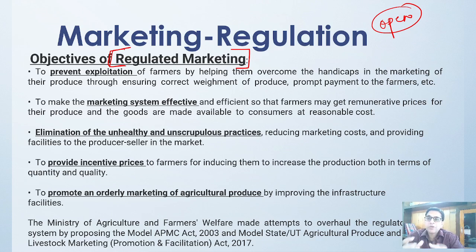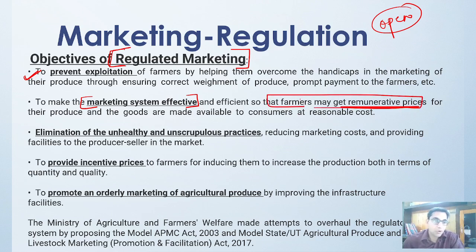So in order to improve safety for the farmers, the government came with the regulated market law, called APMC, to prevent the exploitation of the farmer, so that they should not simply listen to the traders and merchants, and to make the marketing system more efficient, so that the farmer gets a remunerative price for their products.